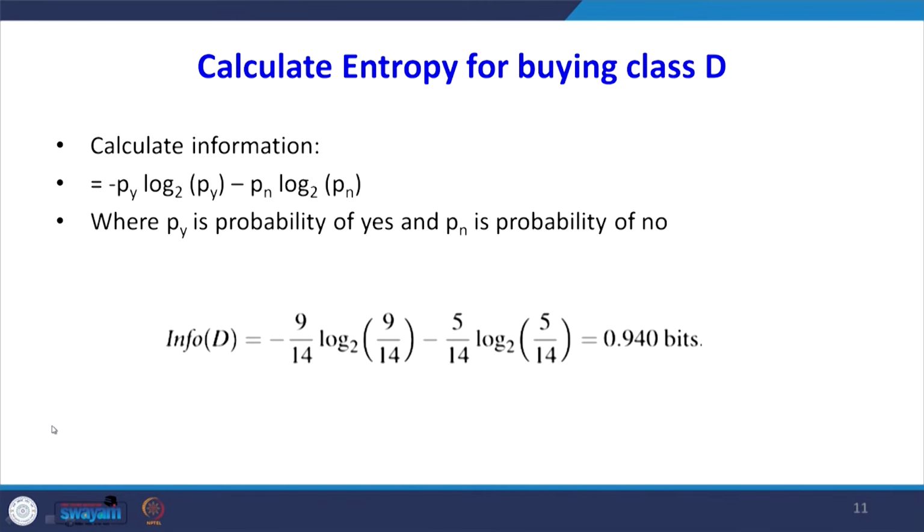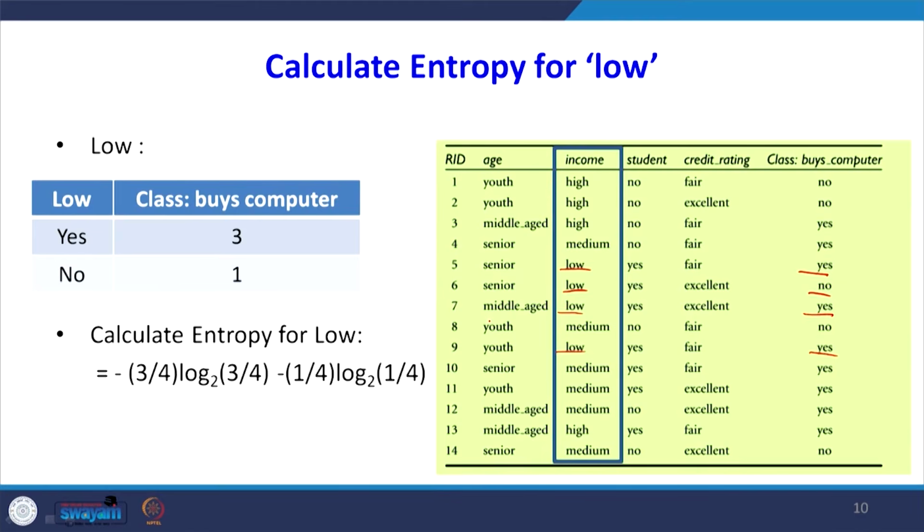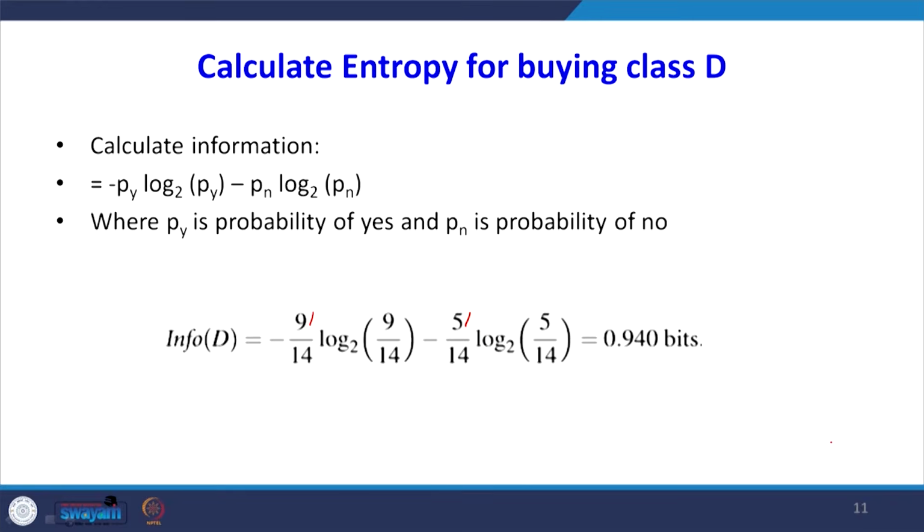When you look at the table, there are 9 yes and 5 no. So, for yes it is minus 9 by 14 log 9 by 14 to the base 2, minus 5 by 14 log 5 by 14 to the base 2 for no.